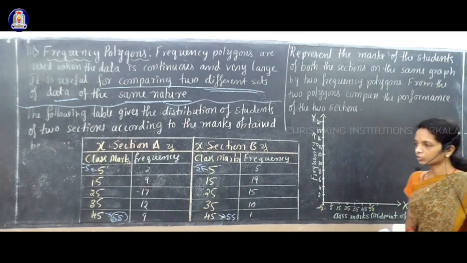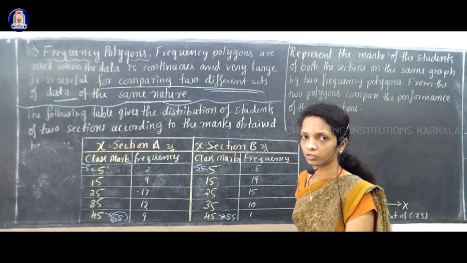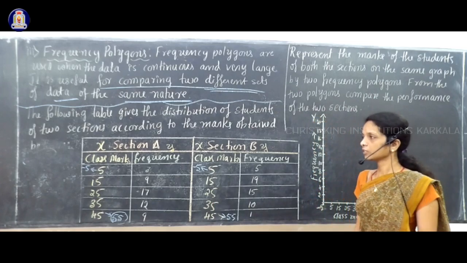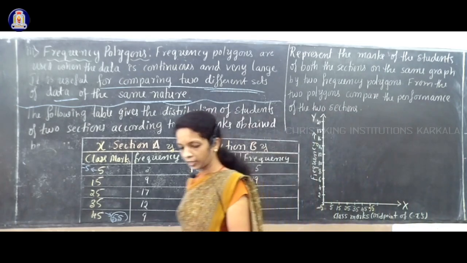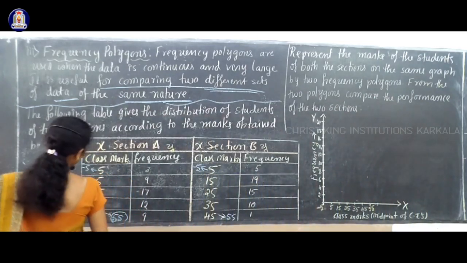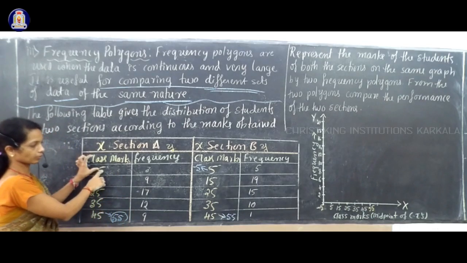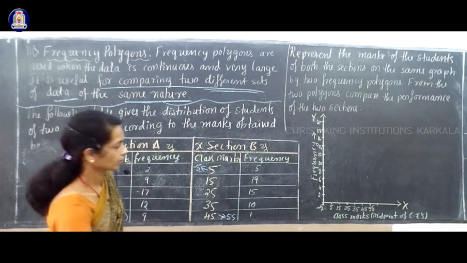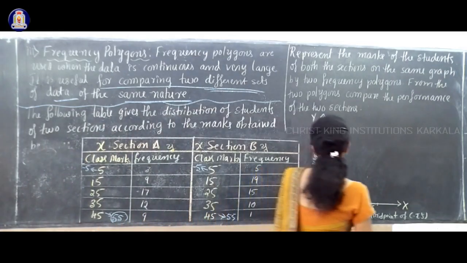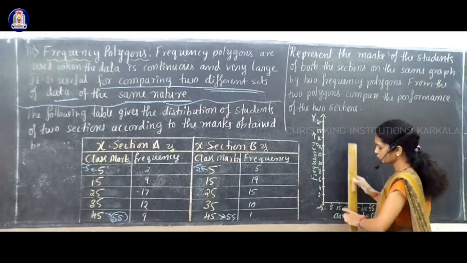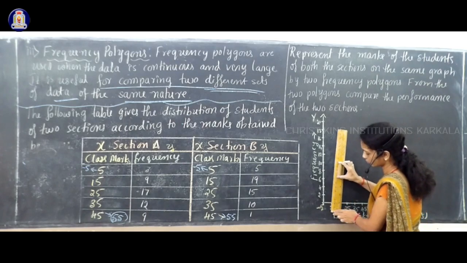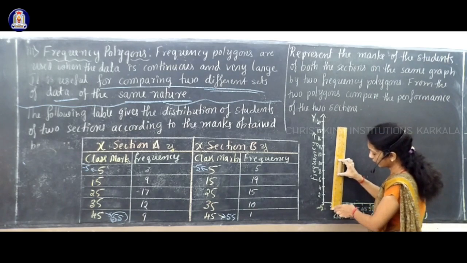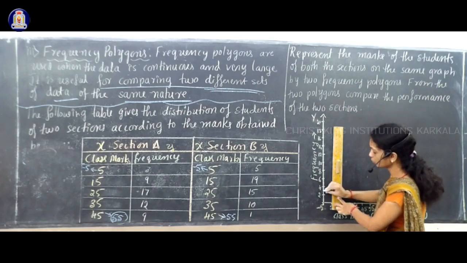So now you have to mark points. How to mark points? First we mark section A. For section A, the first class mark is 5. At 5, you have a vertical line in your graph sheet, and on that vertical line you have to move up to 3.